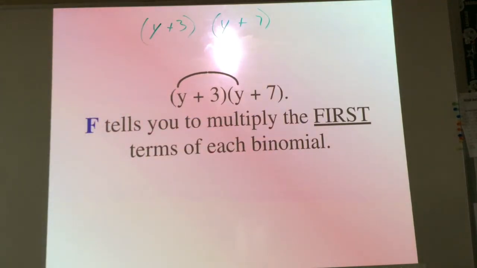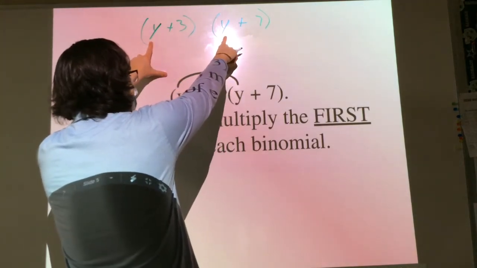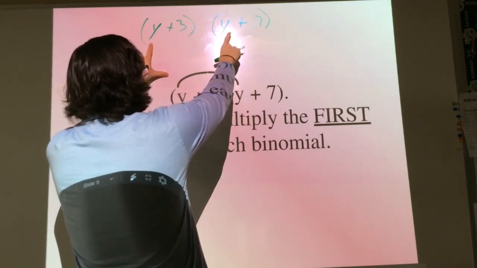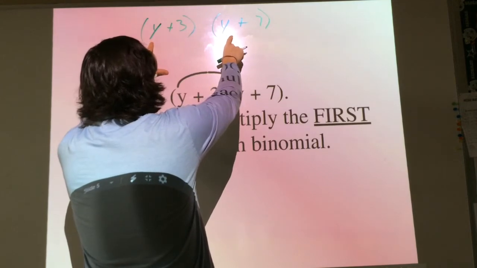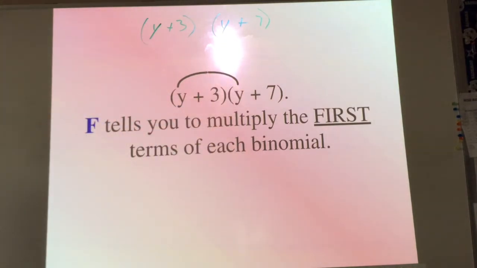So F stands for first. What that means is we're going to multiply the first term in both sets of parentheses. You guys follow me on that so far? First times first. Well, what is y times y? Y squared. Think about when we go back to our exponent rules.